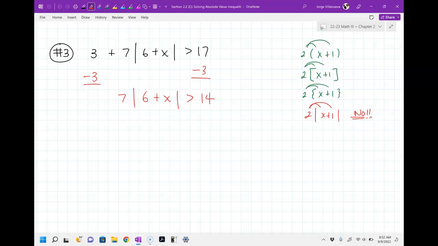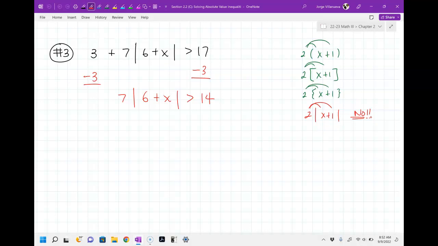All right? So if I can't distribute the 7 into the absolute value, what can I do with it? What is it doing to the absolute value? Ask yourself that question. It's currently multiplying. It's currently saying 7 times that, right?